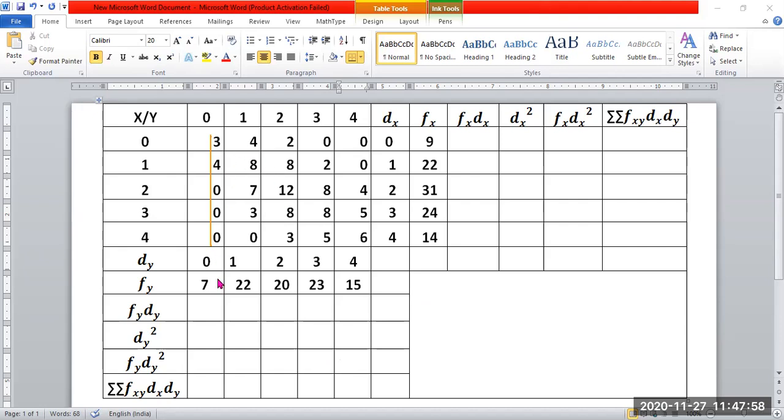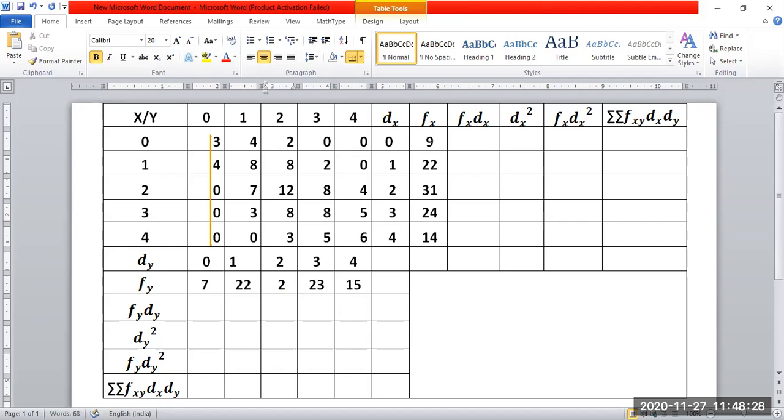Can you check? 3 plus 4 is 7. 4 plus 8 plus 7 plus 3, repeat, 22, correct. Now 2 plus 8 plus 12 plus 8 plus 3, oh, this is 33, sorry.